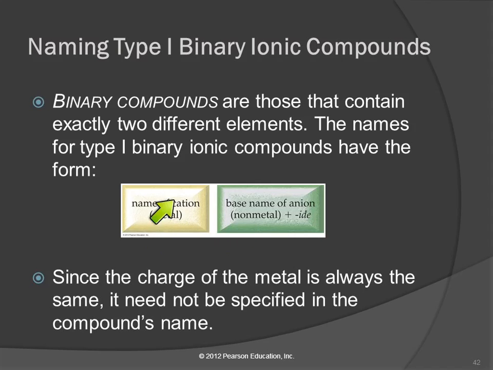When we put a metal, which is masculine in chemistry land, with a nonmetal, which is feminine in chemistry land, the woman changes the ending of her name. And so if we had chlorine, it would become chloride, because they got married, right? They're together now. We don't specify the charge of the metal, talking about the type 1, because we know what the charge is from the periodic table.